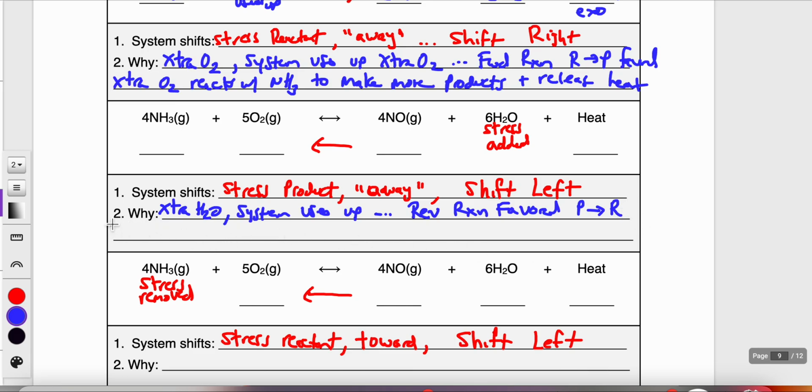So the extra H2O reacts with the NO. And in order for these two to react successfully, they have to absorb heat.